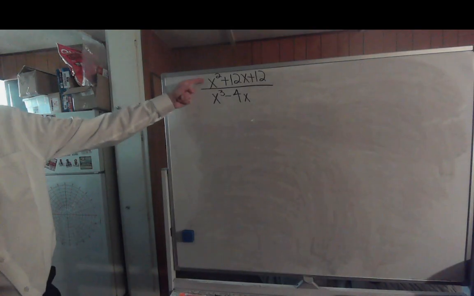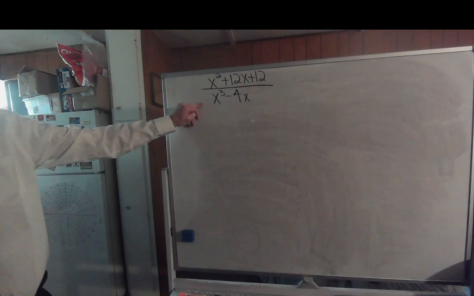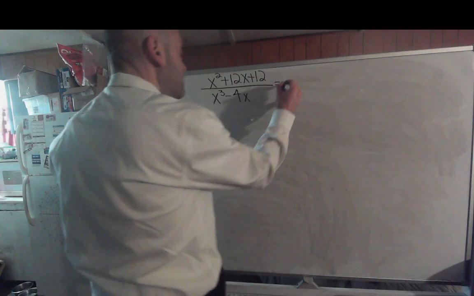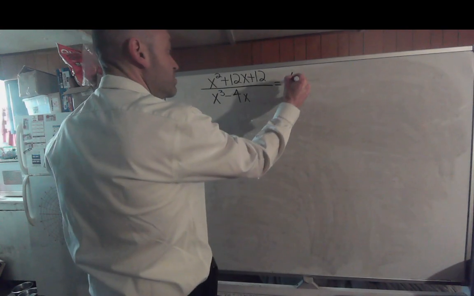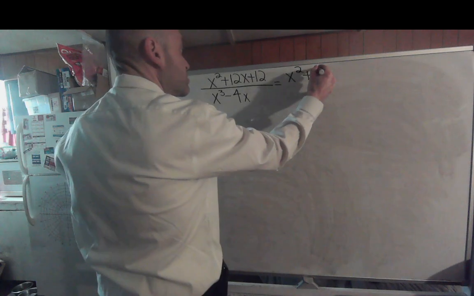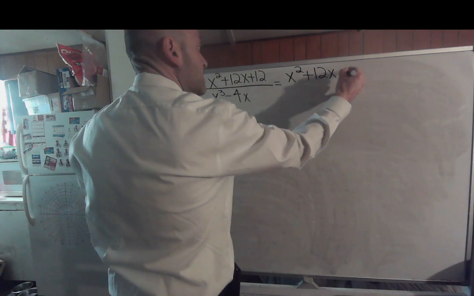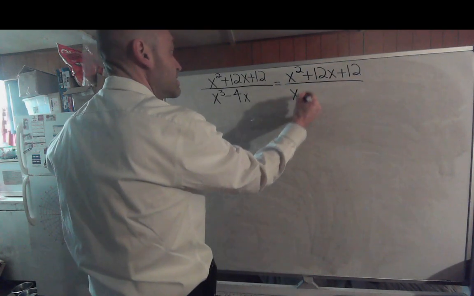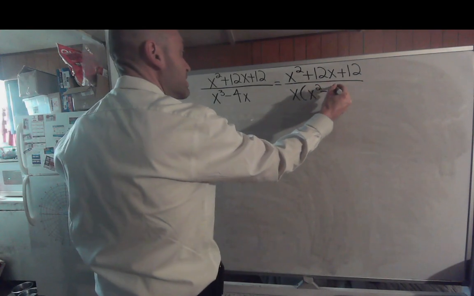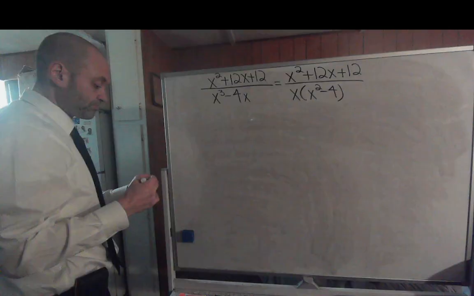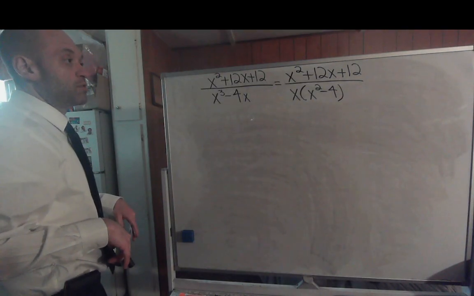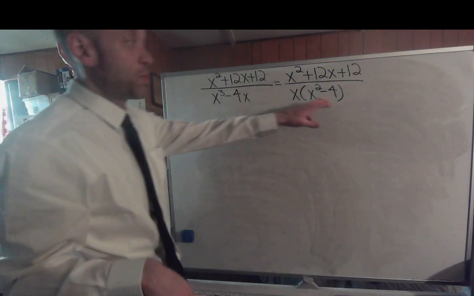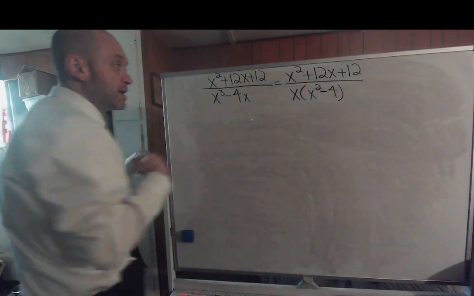The degree of the numerator is still less than that of the denominator, but we can definitely factor out the denominator first. This is going to factor into x squared plus 12x plus 12 all over x times x squared minus 4. That'll factor a step further, won't it? Because x squared minus 4 is a difference of two squares.